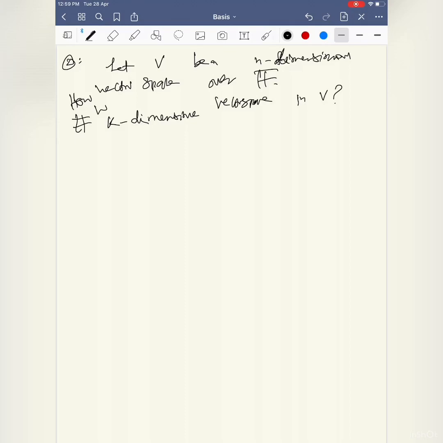Now any W inside V that is k-dimensional is spanned by k linearly independent vectors, and that's the basis, because it is maximal.